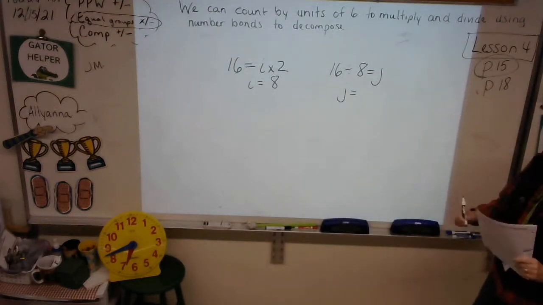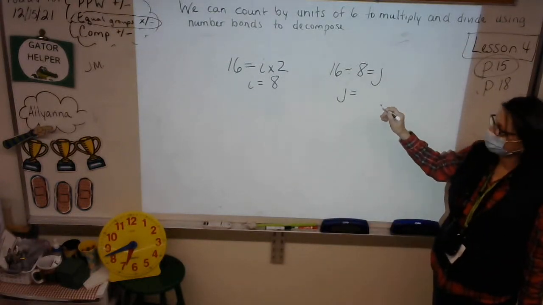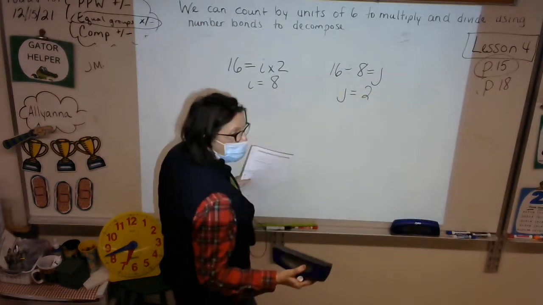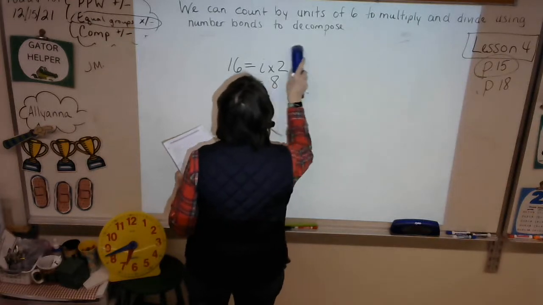Okay, 16 divided by 8 equals J, and J equals, everybody? 2. Nice job. You can skip count by 8. 8, 16, bam, there's your answer.